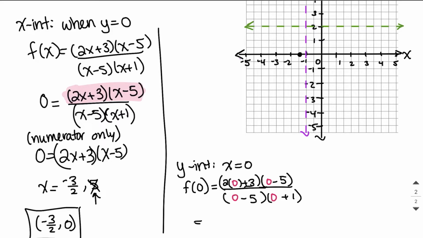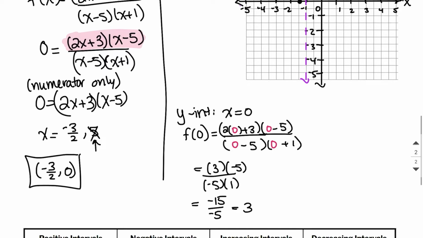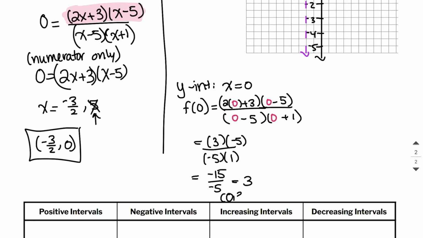Add 3 to that, I get 3. 0 minus 5 is -5, so it's 3 times -5 over 0 minus 5 is also -5 times 0 plus 1, which is 1. So I would end up getting -15 over -5, which is 3. So that means that my y-intercept would be at (0, 3).